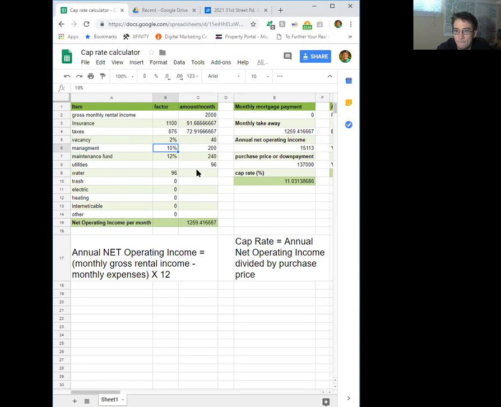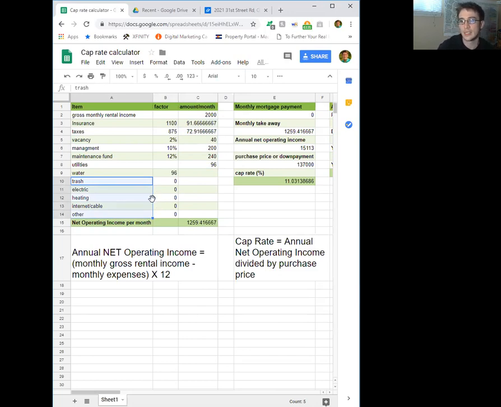So this number is my net operating income for the month in this example. That's $2,000 minus all these expenses, which gives me $1,259.